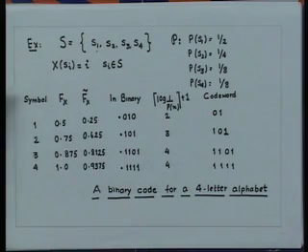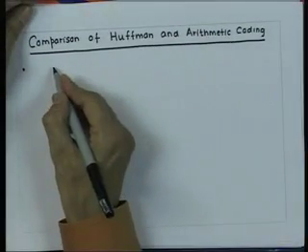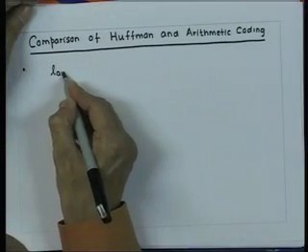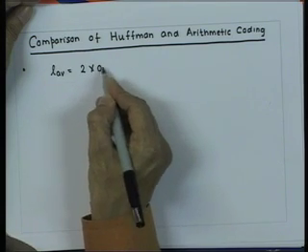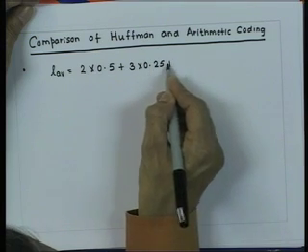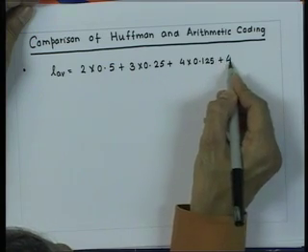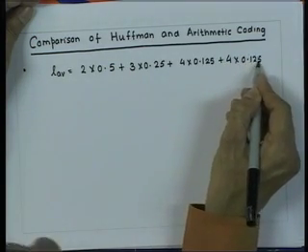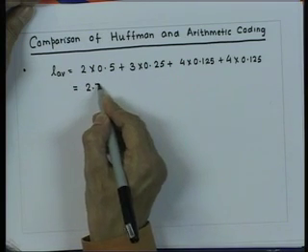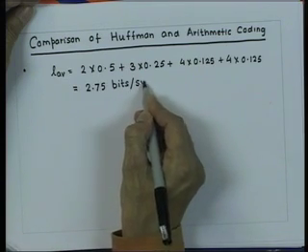For the example which we had discussed earlier, the arithmetic code which we obtain for this source is given here, and if we calculate the average length for this code, it turns out to be 2 into 0.5 plus 3 into 0.25 plus 4 into 0.125 plus 4 into 0.125, and this is equal to 2.75 bits per symbol.